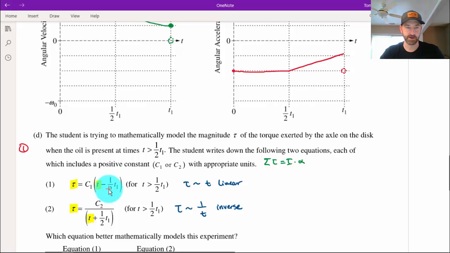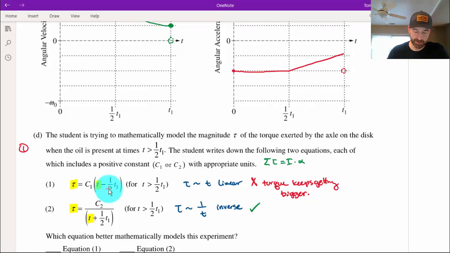The problem with that is that torque keeps getting bigger, which it's not supposed to. It's supposed to go to 0 and then stay there. But in an inverse relationship, if the time keeps getting larger and larger, the torque is going to approach 0.